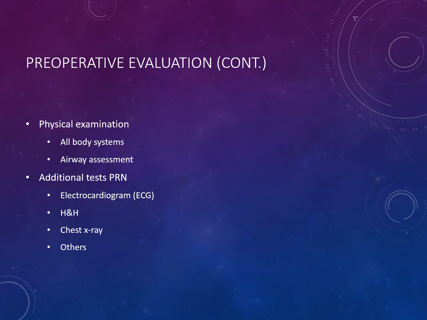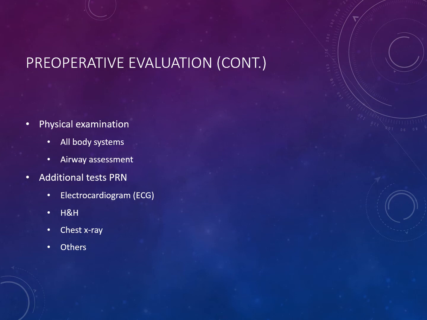Also really important is going to be an airway assessment. A lot of times doctors are going to have patients open their mouths. They want to see how wide they can open their mouth, just because when they're intubating, that's important. Also neck mobility, are they able to lean their head back where it's easy for the anesthesiologist to get a view of their throat? Those are going to all be important assessments.